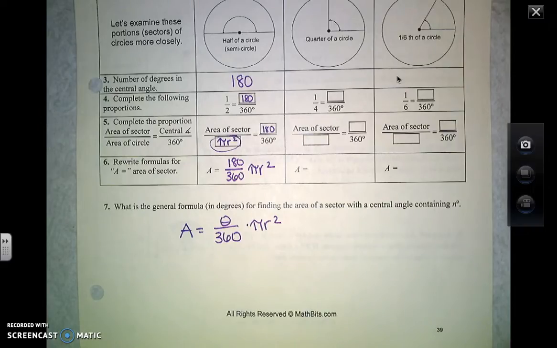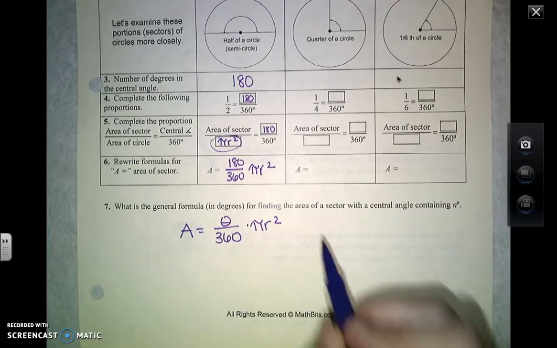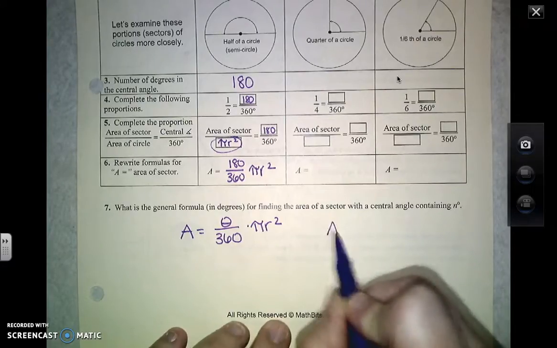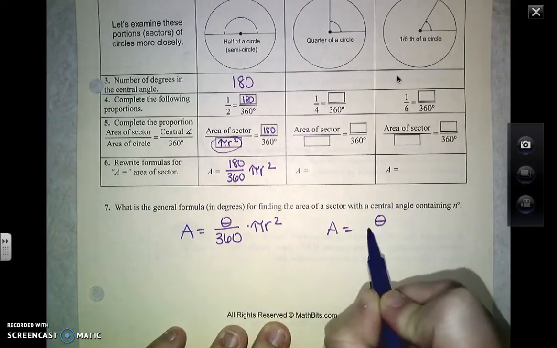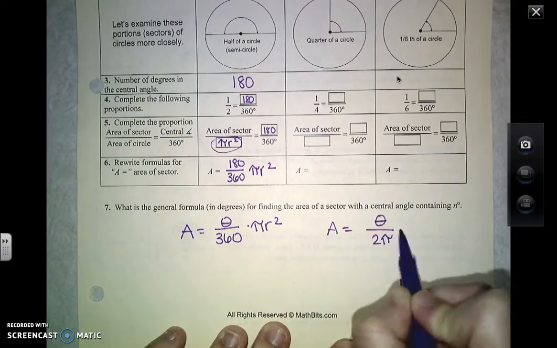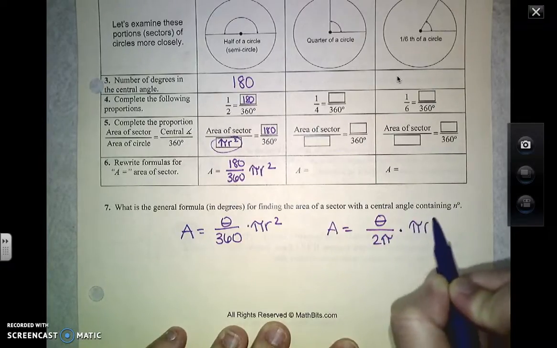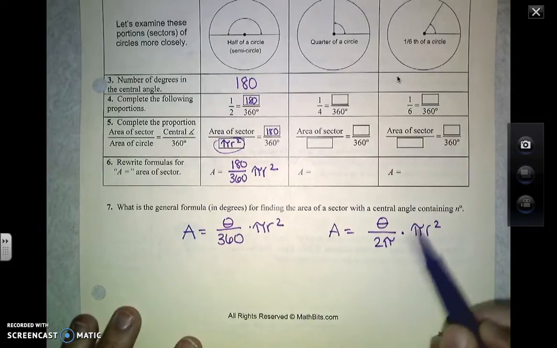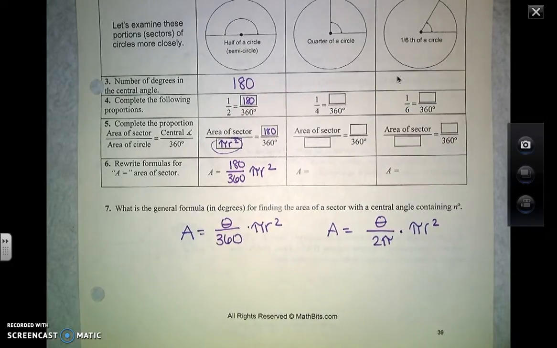That will work very similarly for radians. If it's in radians, you're going to say theta over 2 pi times pi r squared. So we just replaced the 360 with the 2 pi. If you wanted to, you could cancel out the pi's, but again, I just keep these the same and then simplify from there.